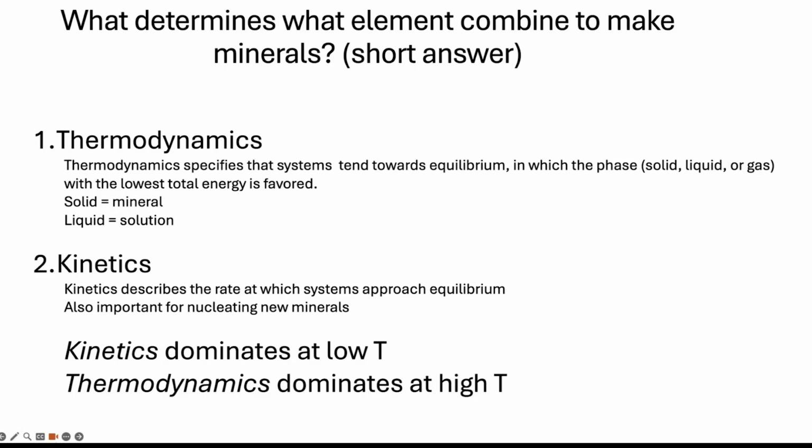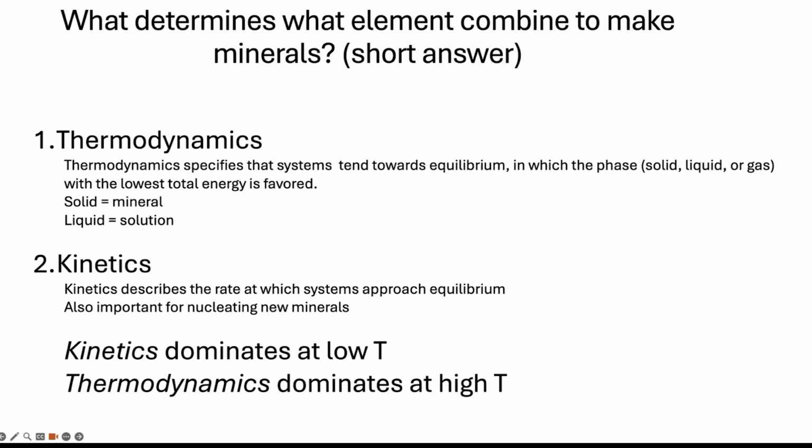To keep these two things straight in your mind, kinetics dominates at low temperature and thermodynamics dominates at high temperature. So kinetics is not an issue in Earth's mantle because you're down at 1300 degrees or something. But it is an issue on the surface where you've got all kinds of disequilibrium.